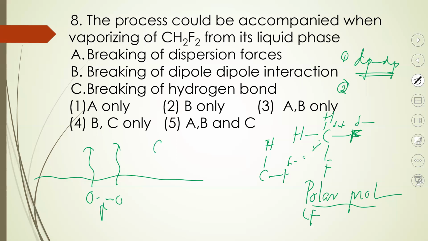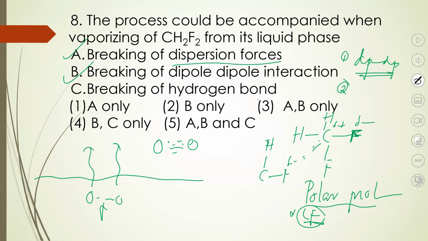If there is attraction between two particles, then there is a possibility of even London force, electron cloud movement and everything. Therefore, in all kinds of molecules, there is a possibility of London force that we call dispersion forces. So that is possible. Second one, breaking of dipole-dipole interaction. Yes, that is the thing we discussed.